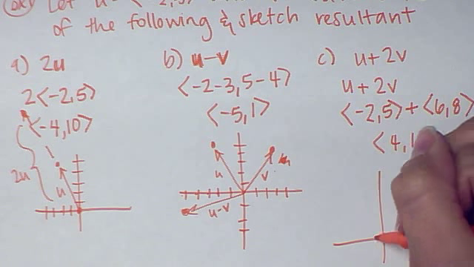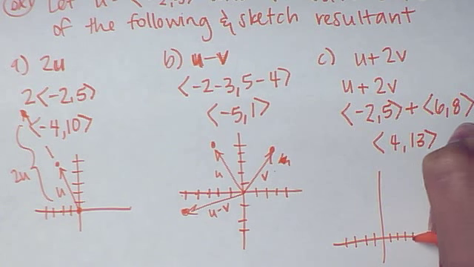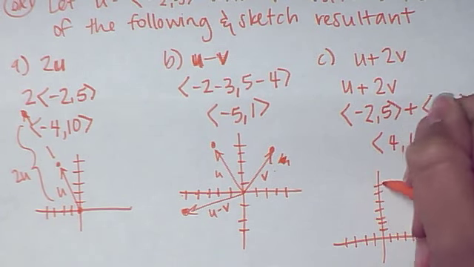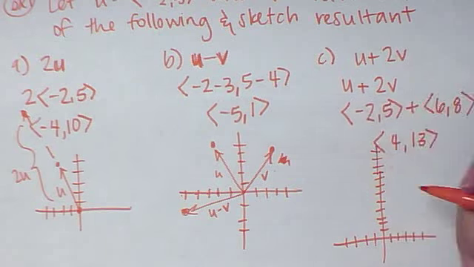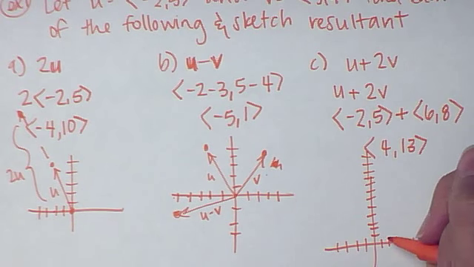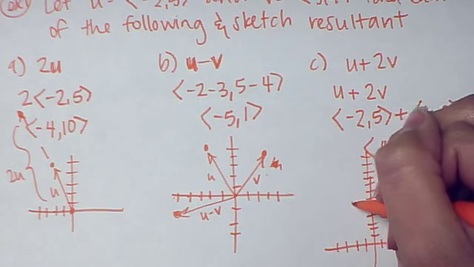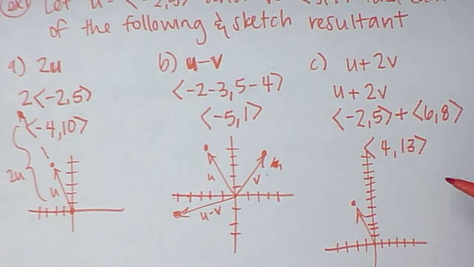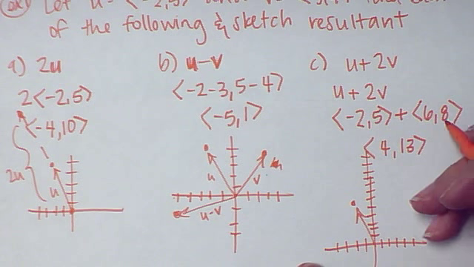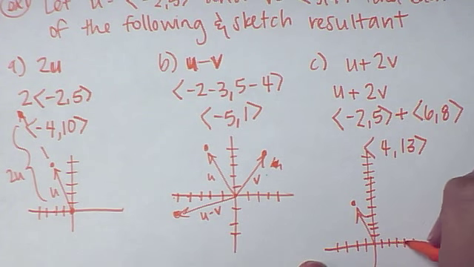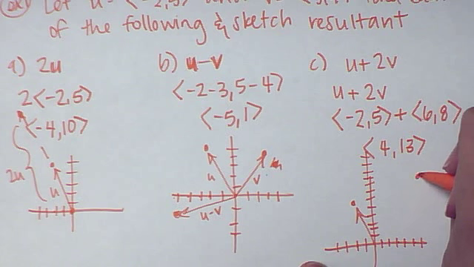Again, if I sketch that, I'm going to start with u, which is negative 2, 5. I'm going to go to 2v, which is 6, 8, somewhere around here.